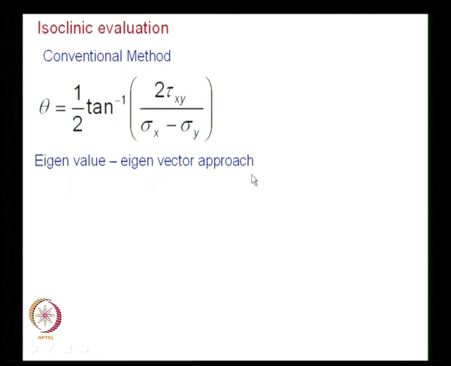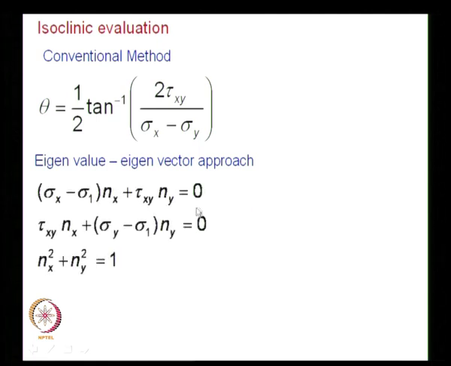eigenvalue eigenvector approach. Go to the fundamental definition of principal stresses. So, I get principal stresses as eigenvalues and the direction cosines nx and ny as the corresponding eigenvectors. When I repose the problem as eigenvalue and eigenvector, it is possible for me to find out the value of sigma 1 and corresponding theta, which you are not associated.